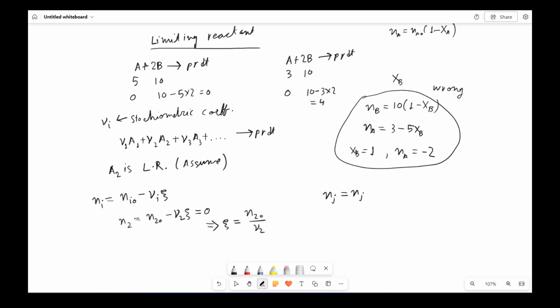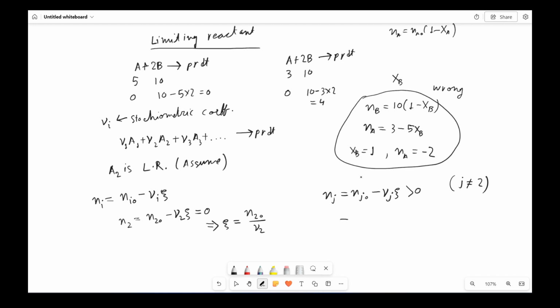Nj equals Nj naught minus mu j epsilon, which is greater than 0, where j is not equal to 2. This species j is not fully consumed, because species 2, being the limiting reactant, will vanish, so there is nothing left to react with. So Nj will be present in some quantity.